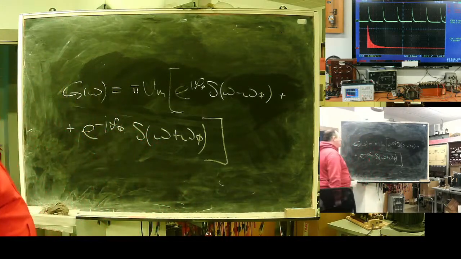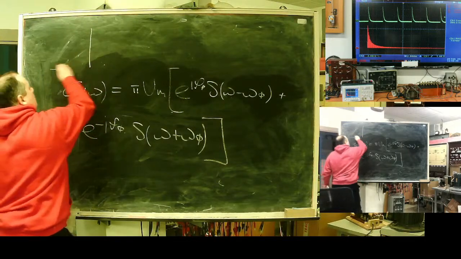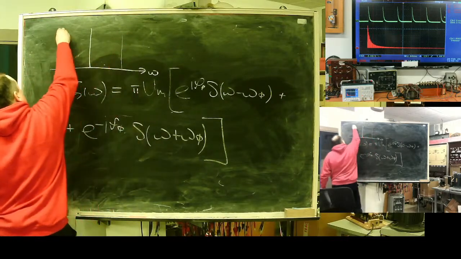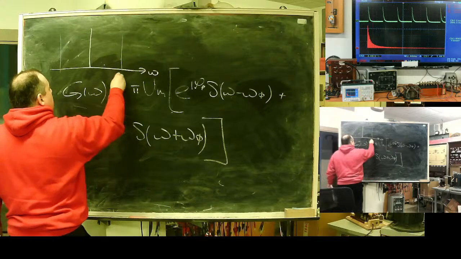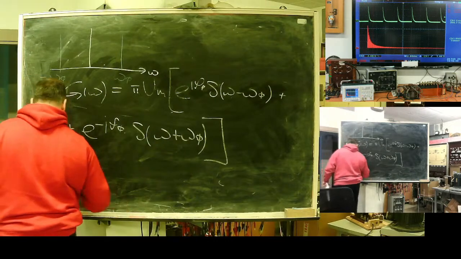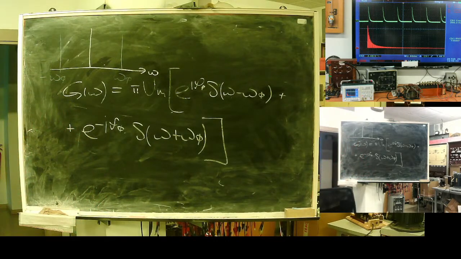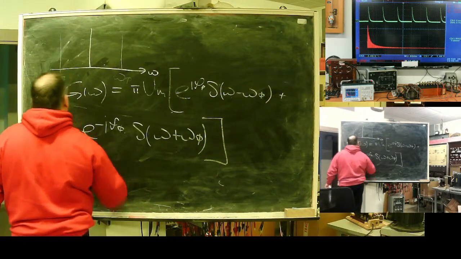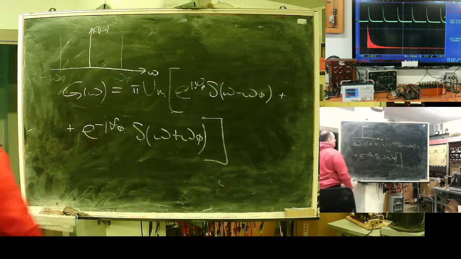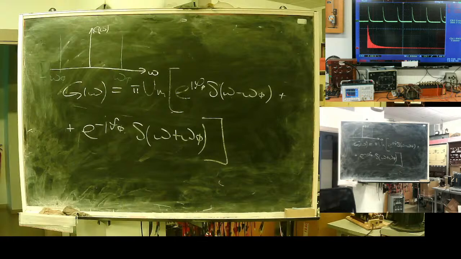Really, my ideal signal can be represented with two infinitely thin spectral lines at frequencies omega 0 and minus omega 0. My ideal signal has only one frequency. It's an ideal harmonic signal. Its representation in frequency space will be two infinitely thin spectral lines.